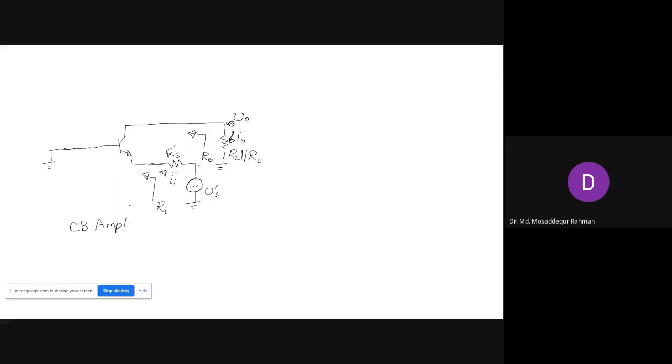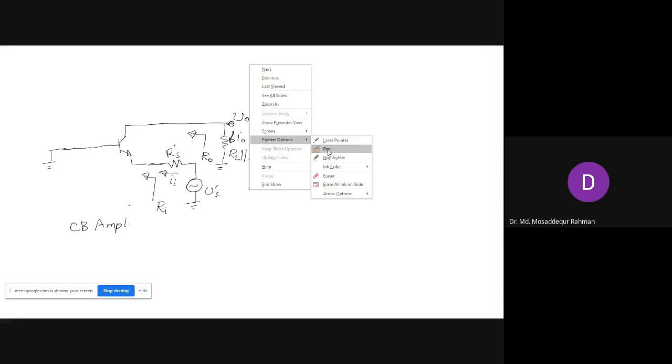Right? So that will be our effective load resistance, and that we can call RL effective.